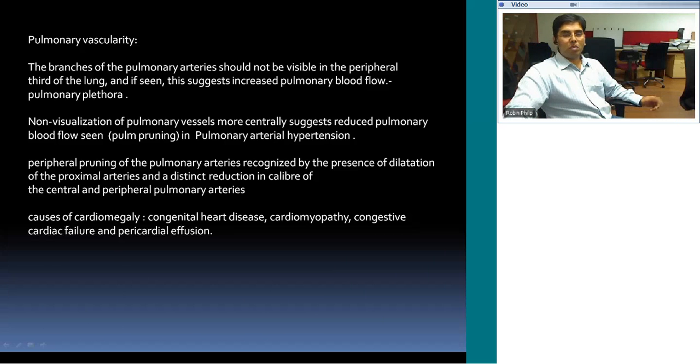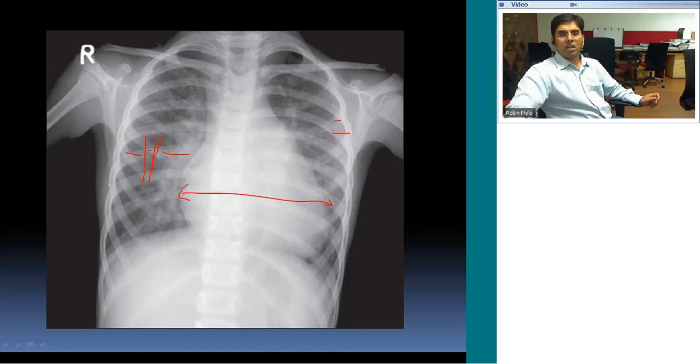That's called pulmonary peripheral pruning. So you look for these signs, and then other causes of cardiomegaly are congenital heart disease, cardiomyopathies, and pericardial effusions. In case of pericardial effusions, the heart is very globular, with very well-defined margins and a narrow pedicle.